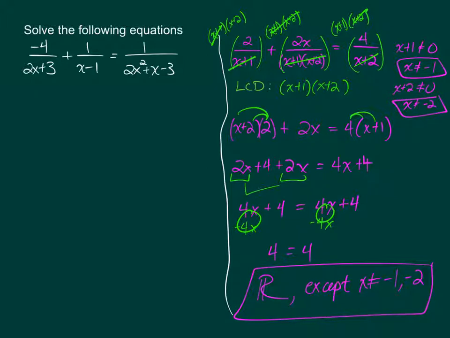So with this last example for this video on the left, we know again that we are going to be needing to find an LCD. So I always want to start with my smaller factors here, like 2x plus 3. I know my LCD is going to need that. Just like I also know my LCD will need an x minus 1. But how am I supposed to take care of this thing?